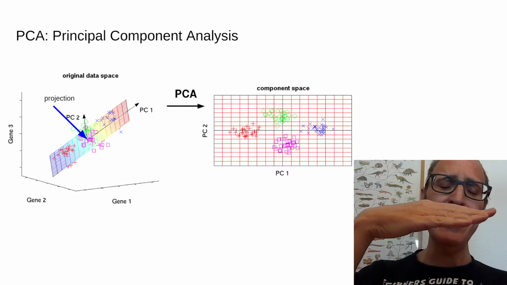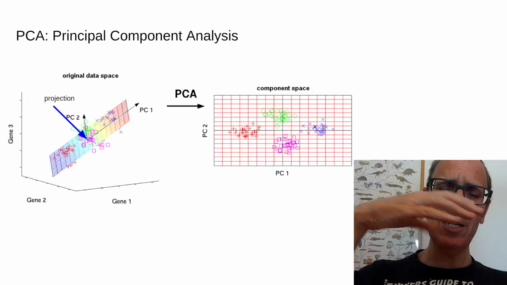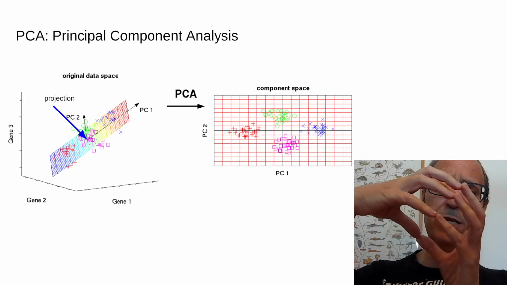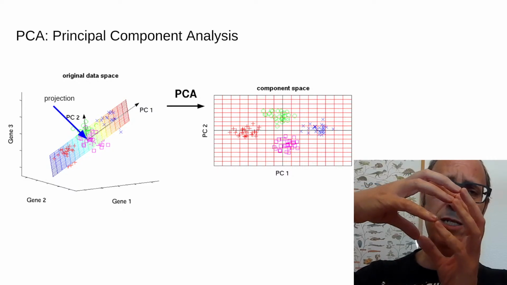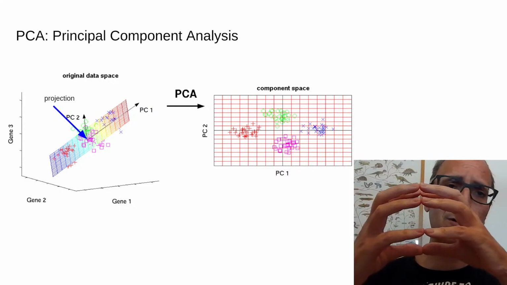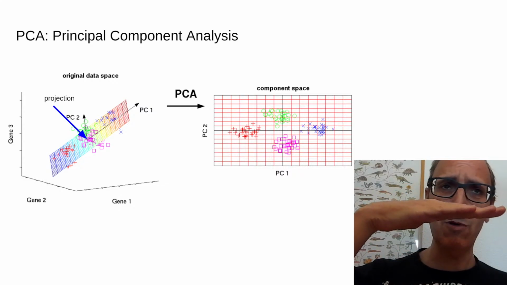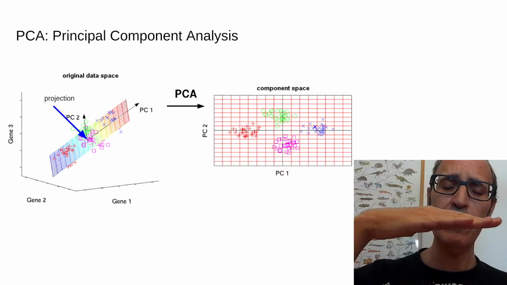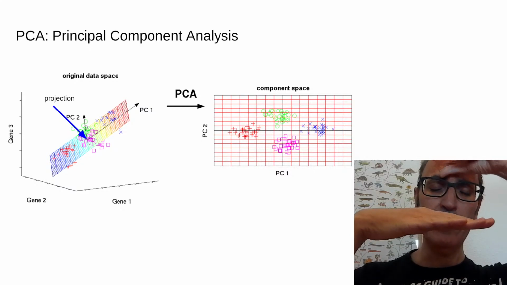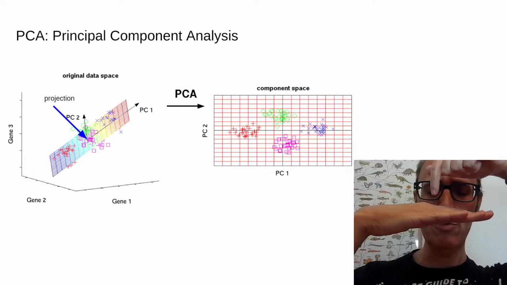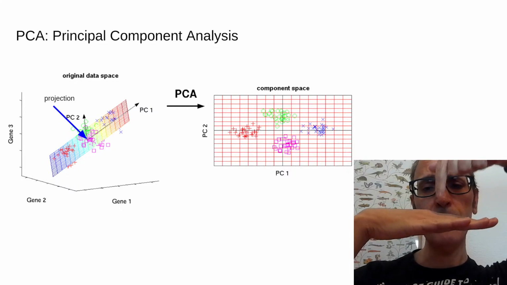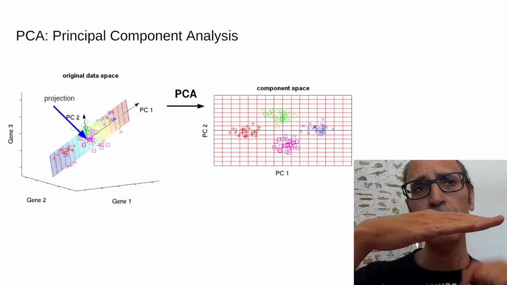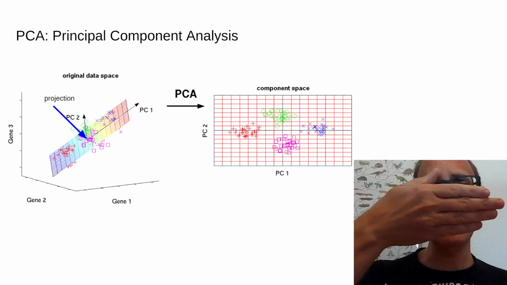If you have a structure that is like a ball, it doesn't matter how you project the 3D space into 2D, you will always see the same structure, just a circle. But if the structure is more like a dish, in that case the direction of the projection matters, because if you project your space of 3 dimensions down to 2 dimensions with a projection that is perpendicular to the dish, what you will find is a circle.